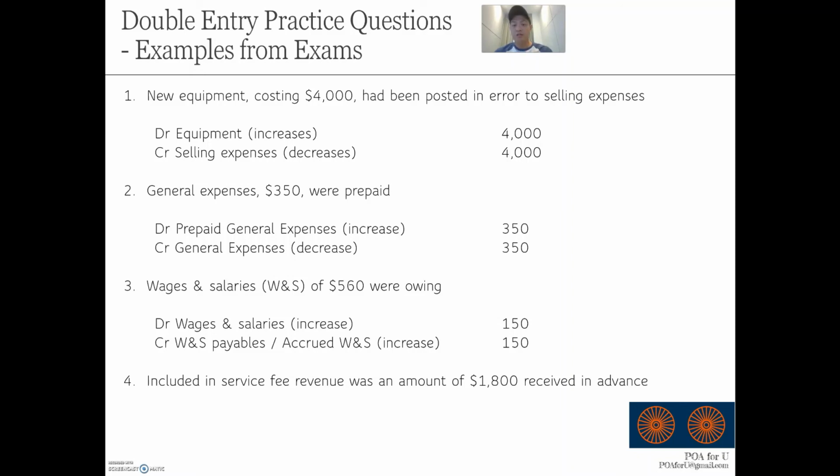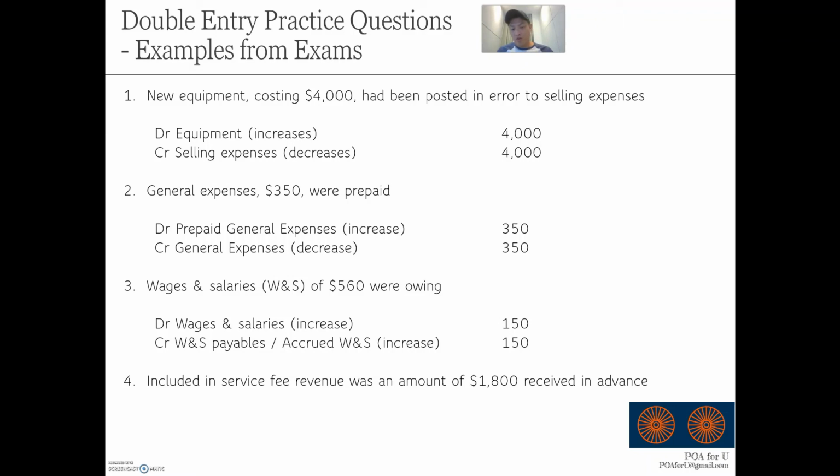If it's received in advance, it means that in this current financial period, people have paid you a lot more, and that's really for the future financial periods. So you want to reduce the service fees for this financial period, and to reduce service fee revenue, you debit it because it's credit in nature.